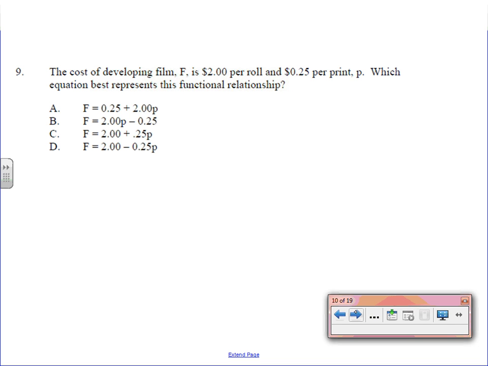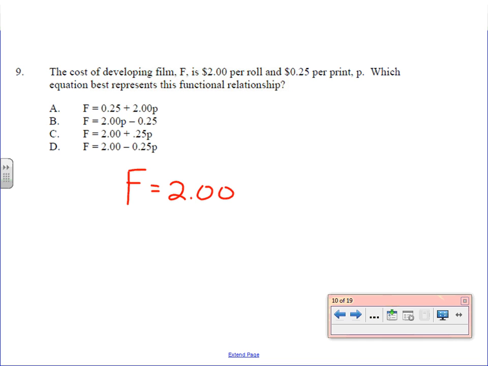Next one, number 9. The cost of developing film, F, is going to be $2 per roll plus 25 cents per print. Which equation best represents this functional relationship? All right, so F is going to be the cost of developing the film. They're going to charge us $2.